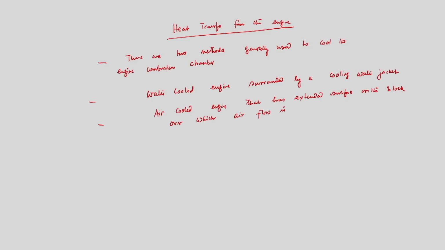In a water cooled engine, as we saw a few minutes back, the ECU needs to know the temperature of the cooling water jacket, and by sensing it, we supply more air during cold start and warm up condition. If we have an air cooled engine, the outside of the cylinder will have extended surface and we direct air to flow over that surface so that we can cool the engine.